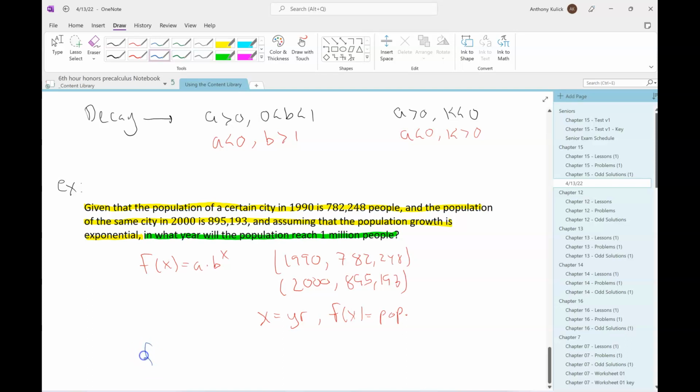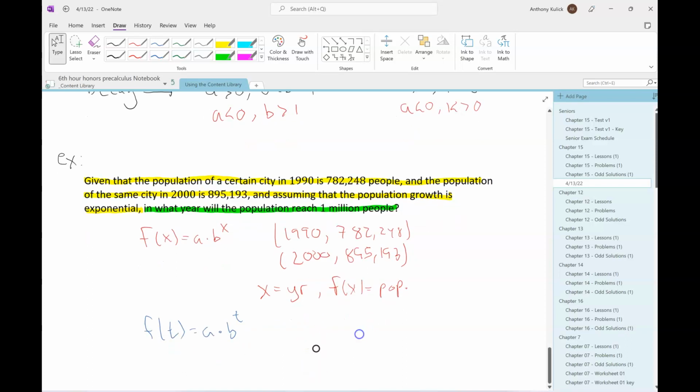So rather than thinking about this as f of x equals a times b to the x, I'm going to think about it as f of t, where t is going to be the years after 1990.